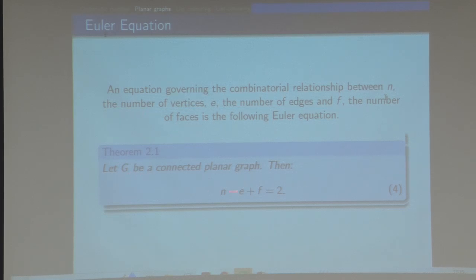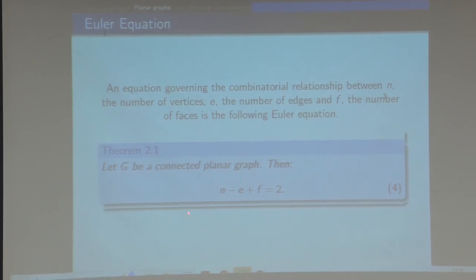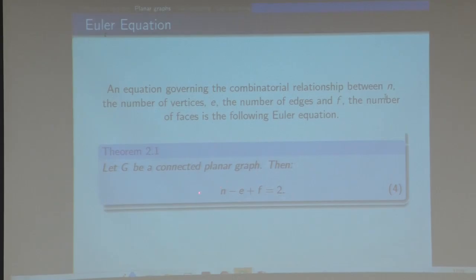This is the Euler equation that governs the relationship between the number of vertices, number of edges, and number of faces for a connected planar graph.